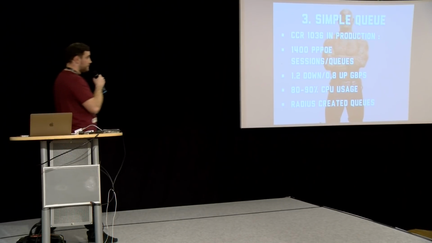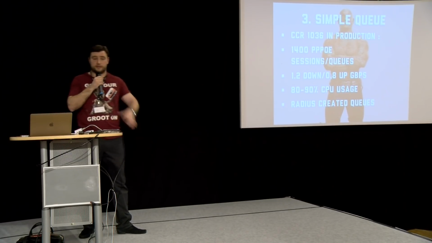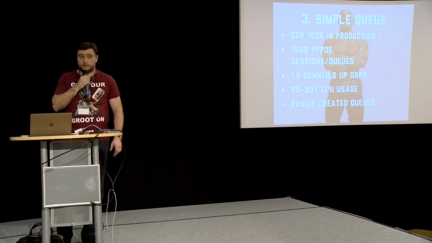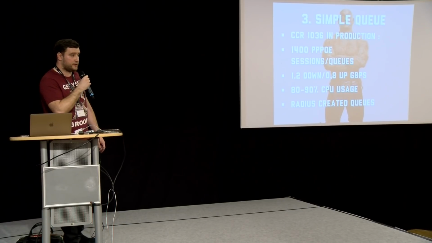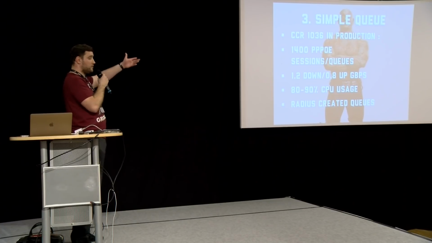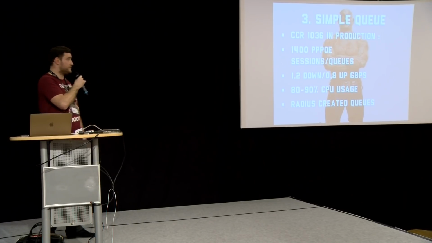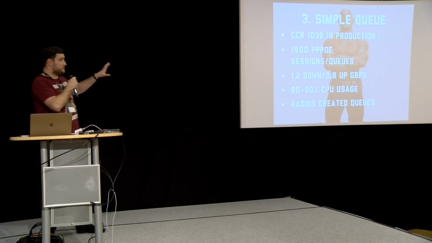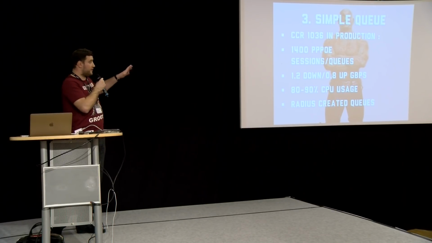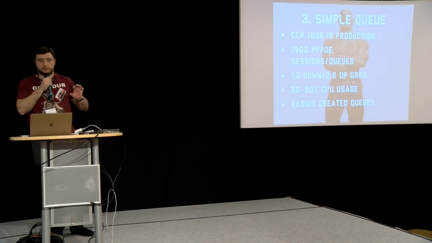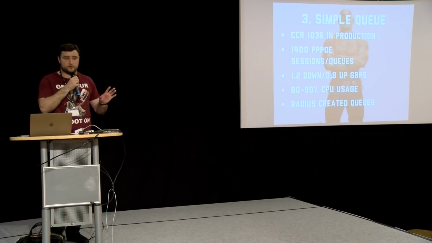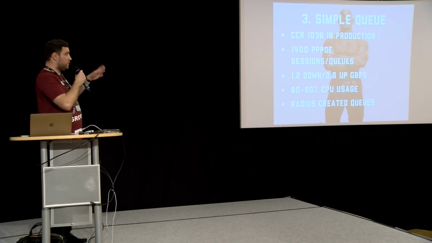And of course, because as I'm saying, I have access to many different networks, my customers share with me their experience of how Cloud Core performs in production. If I have a 1036 router, it allows me to run around 1,500 PPPoE sessions maximum with a speed of a bit over 1 and up to 2 gigabit per second through the whole router.